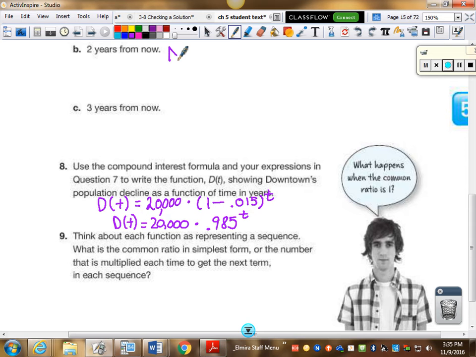Okay, so d of 2 equals 20,000 times 0.985 to the 2 power, or d of 3, 20,000 times 0.985 to the 3rd power.